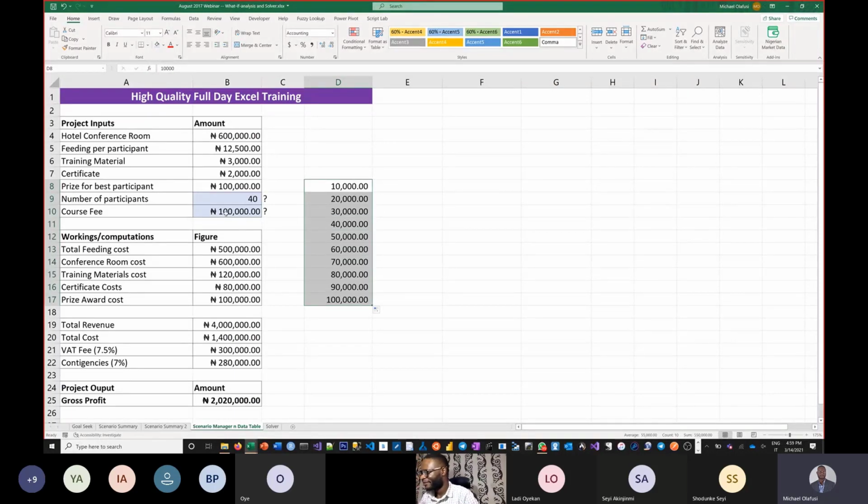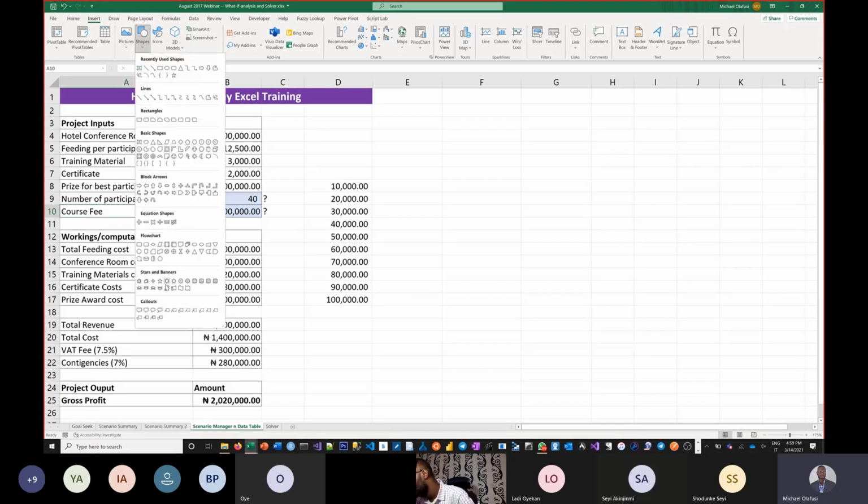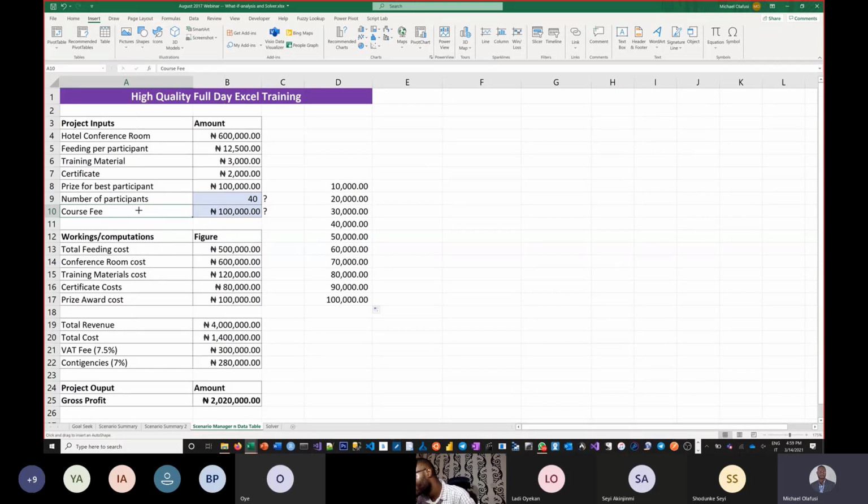So one input, which is the cost fee, how it is changing.